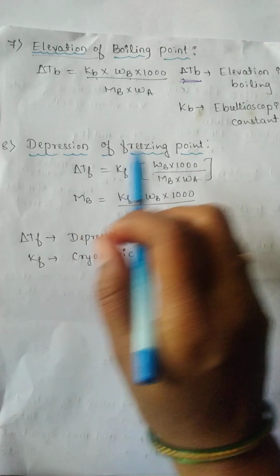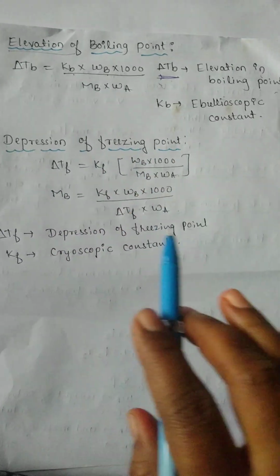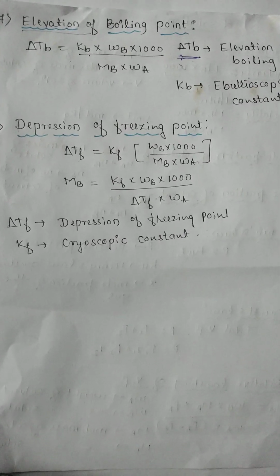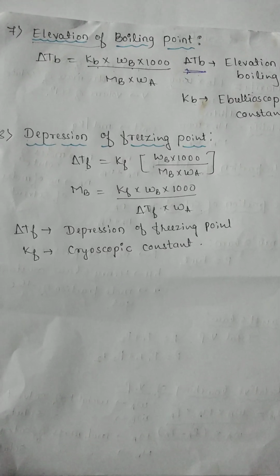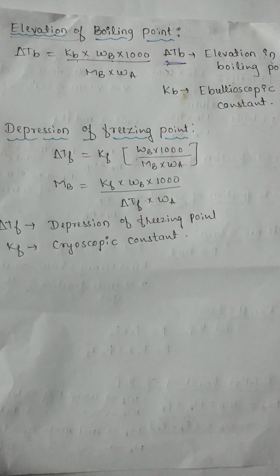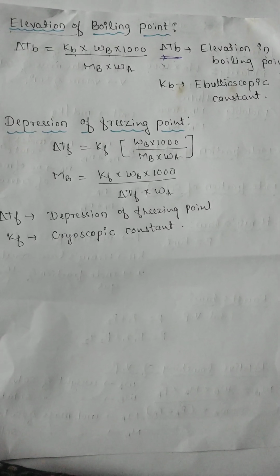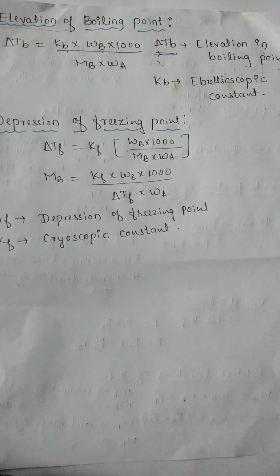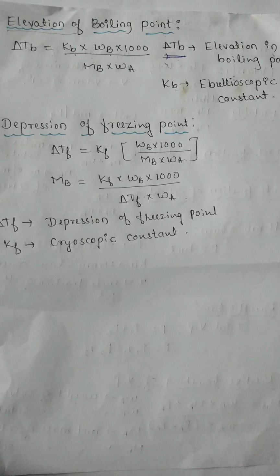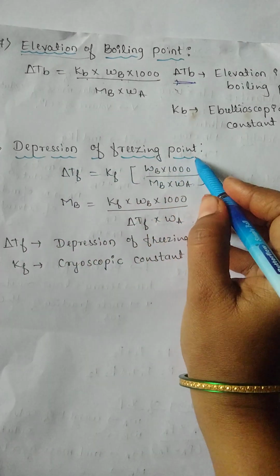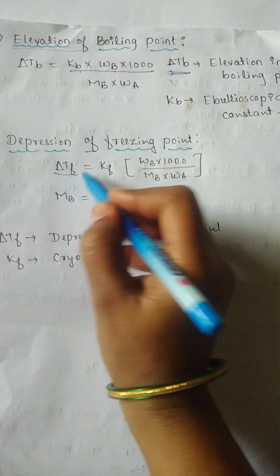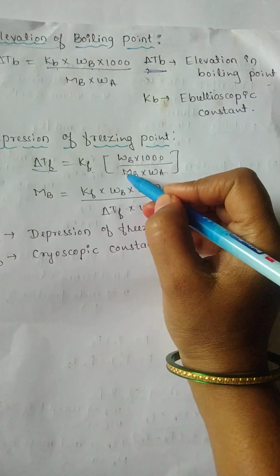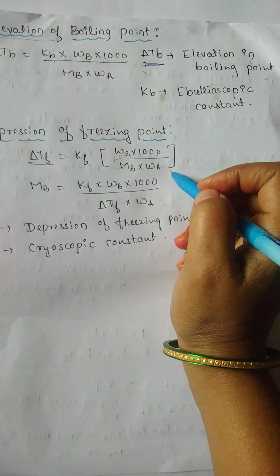Okay, the last formula, depression of freezing point. Here, when we add solute to the solvent, there is a decrease in the temperature. That is called depression of freezing point. Here, the difference between the freezing temperatures of the solvent and the solution is called depression of freezing point. Here, delta Tf is equal to Kf into Wb into 1000 divided by Mb into Wa.